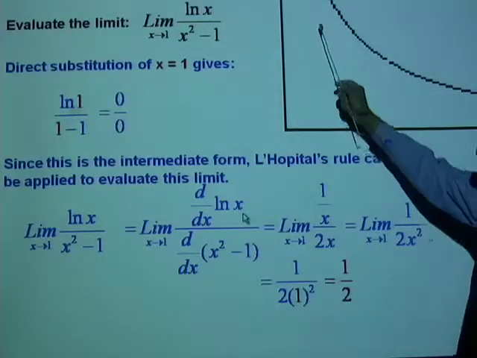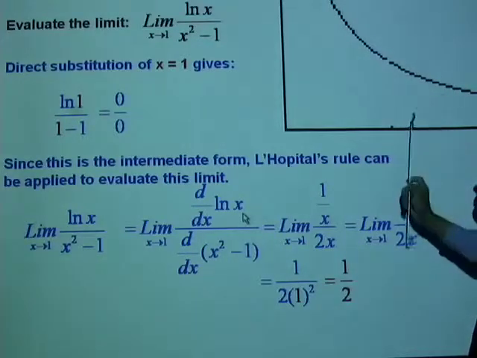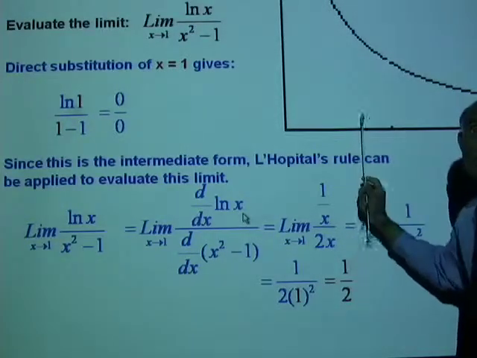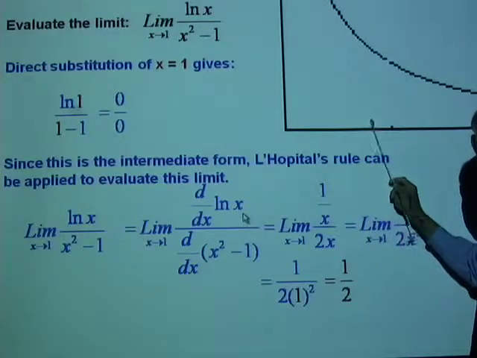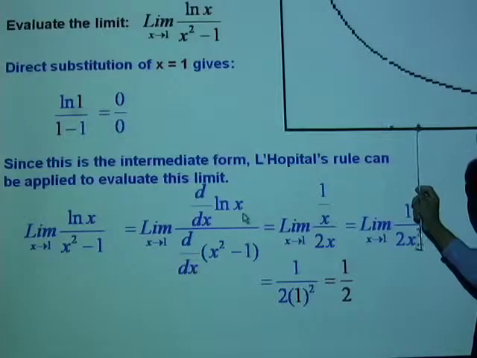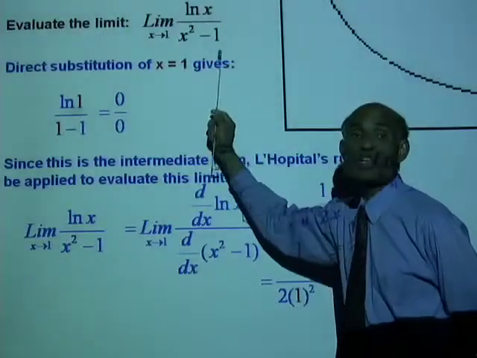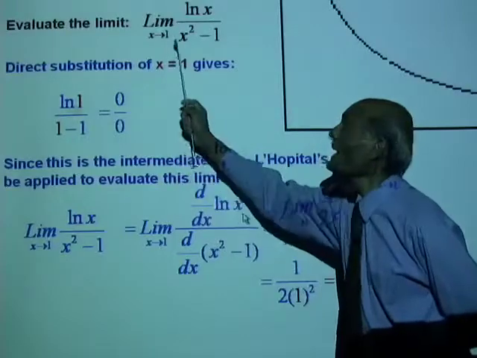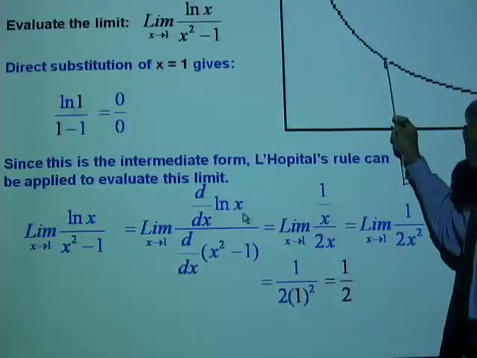Alright, what's this graph? This is the graph of ln x divided by x squared minus 1. Now watch what happens when x approaches 1 from the left and x approaches 1 from the right. You notice here that this function is not defined for x equal to 1. You can see there's a hole there.